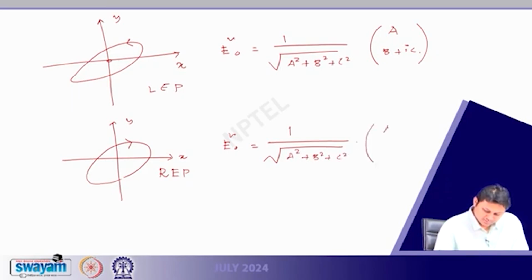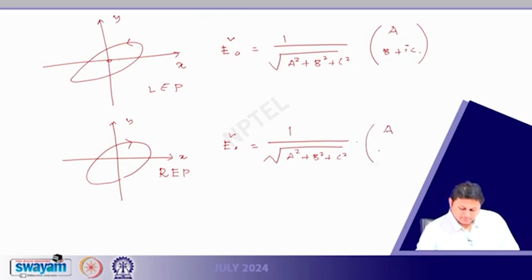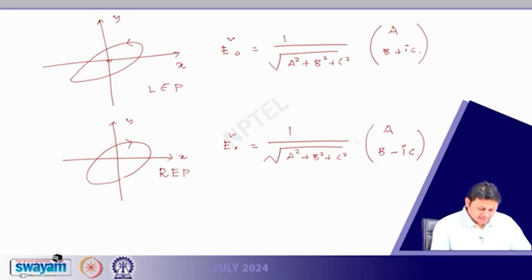Only thing is that we have a minus sign here, minus i c, and the angle also, whatever the angle it is making, we can figure out here.